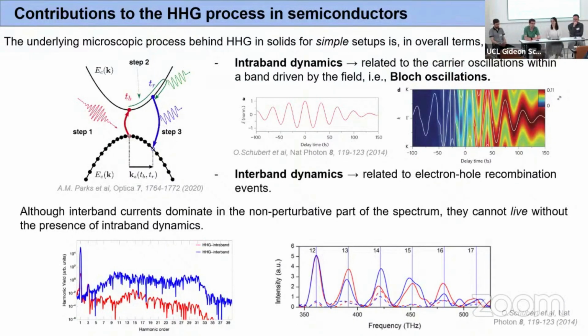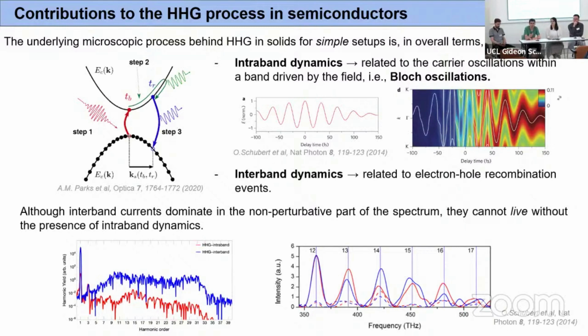Regarding these two, in theory, it has been seen that typically in the non-perturbative part of the spectrum, the interband mechanism dominates, while in the non-perturbative regime for lower energies, we cannot claim the dominance of one over the other.